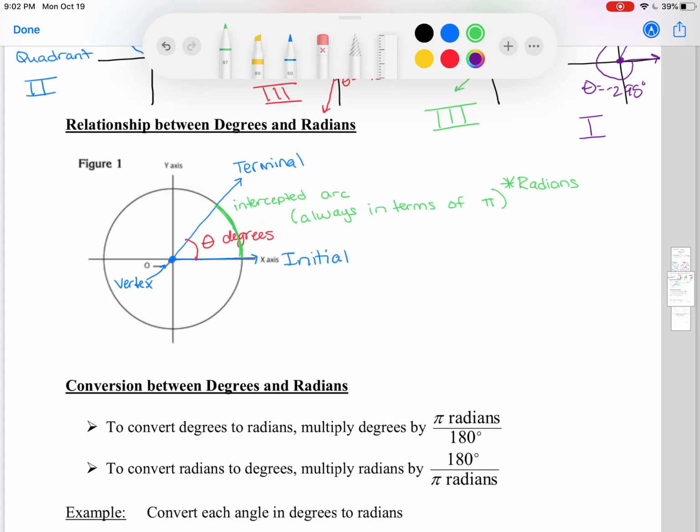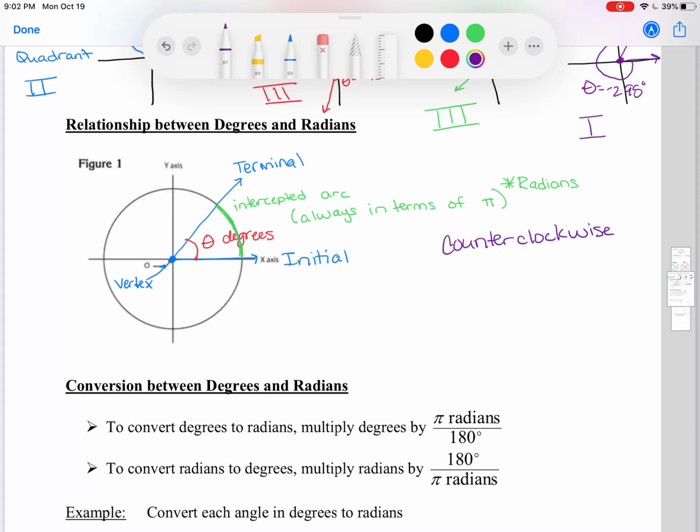So the only difference between radians and degrees is that degrees measure the angle, whereas radians is going to measure the arc. Okay, if you think back in geometry, you didn't talk about radians, but you did talk about arc length, and you did talk about angles and what have you. So all we're changing now is instead of saying arc length, we're talking about radians.